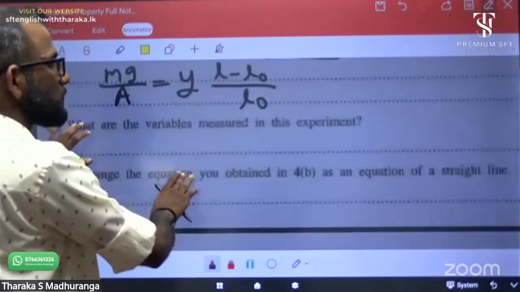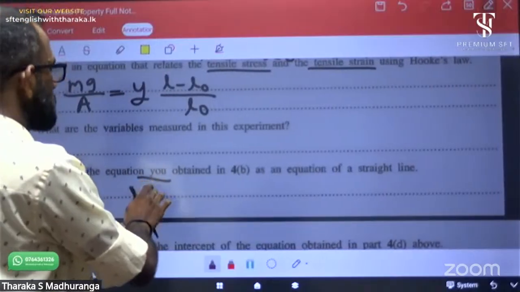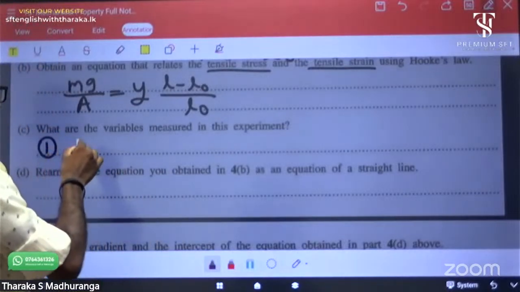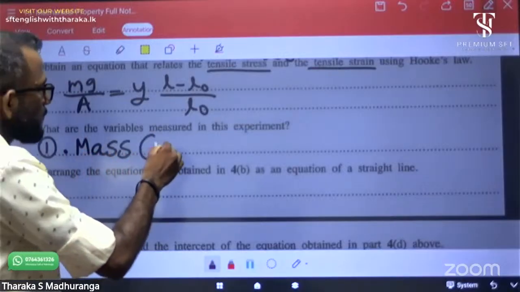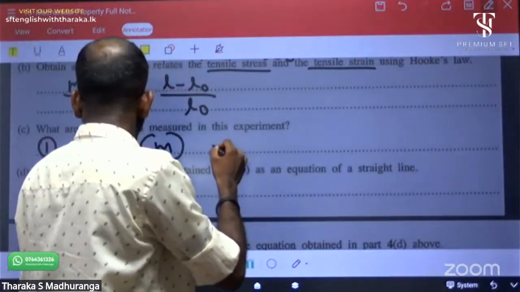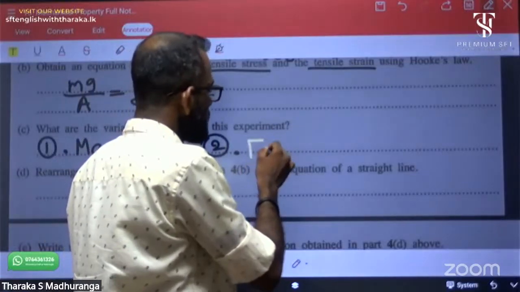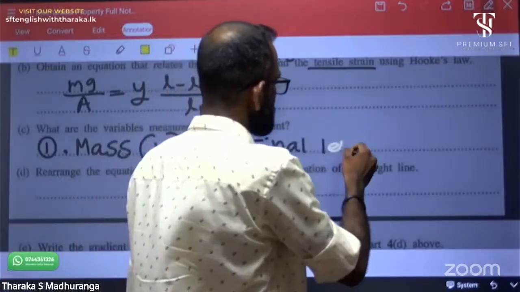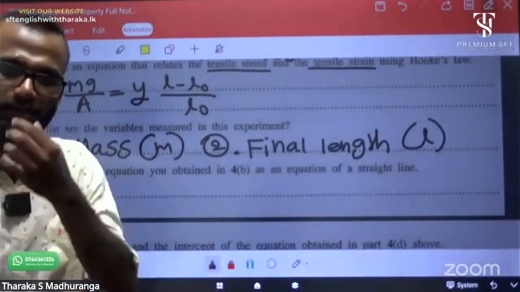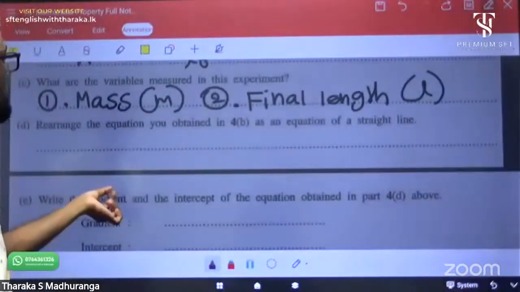Second, the length difference, the increasing length or final length, final length L. Okay, they are the measured data.